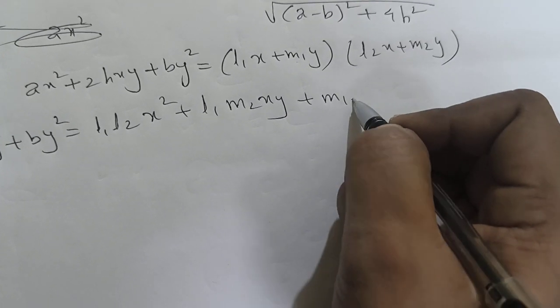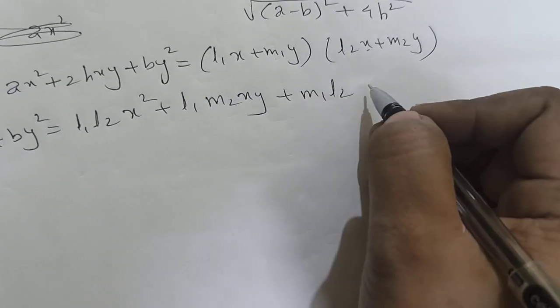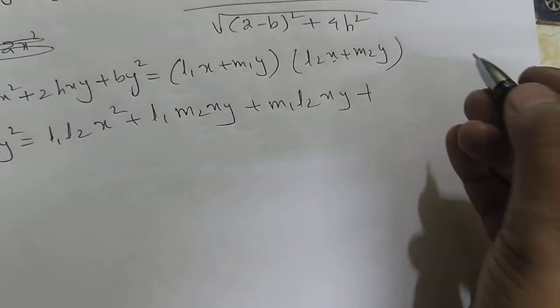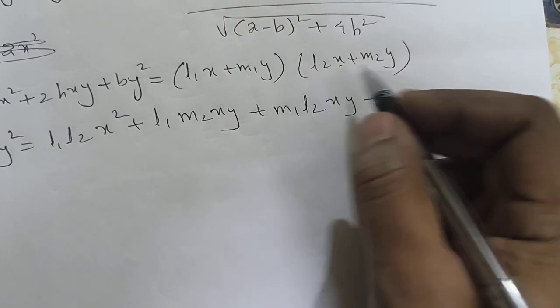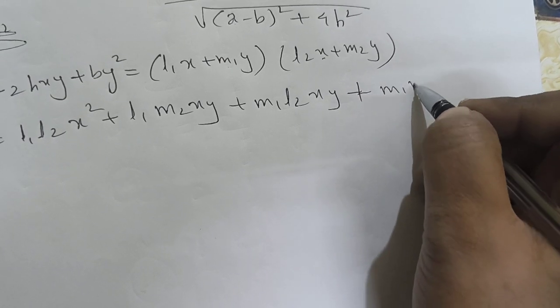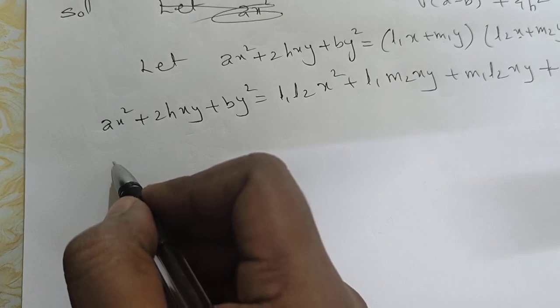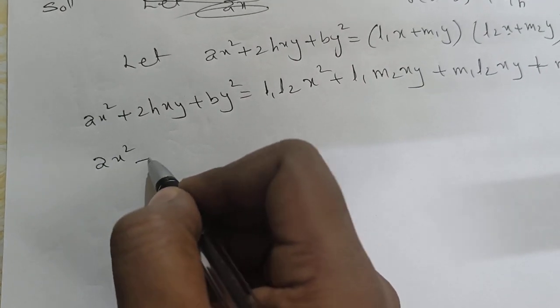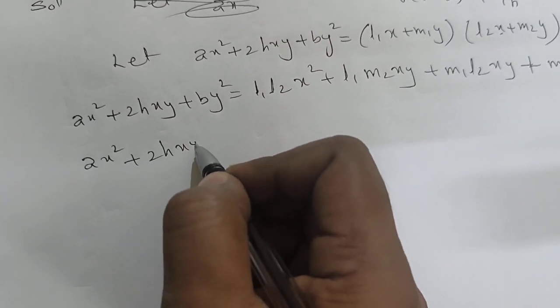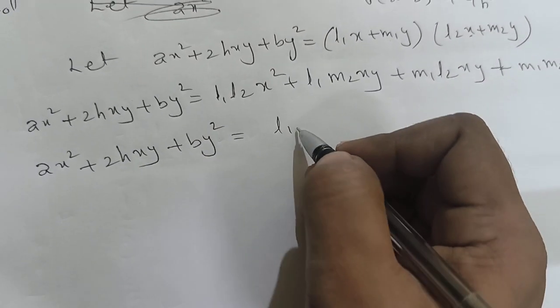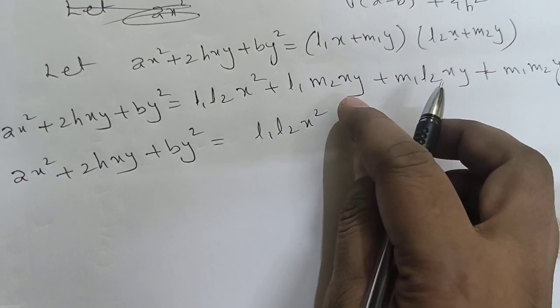L1 M2 xy plus M1 L2 xy plus M1 M2, y into y is y square. So ax square plus 2hxy plus by square is equal to L1 L2 x square.